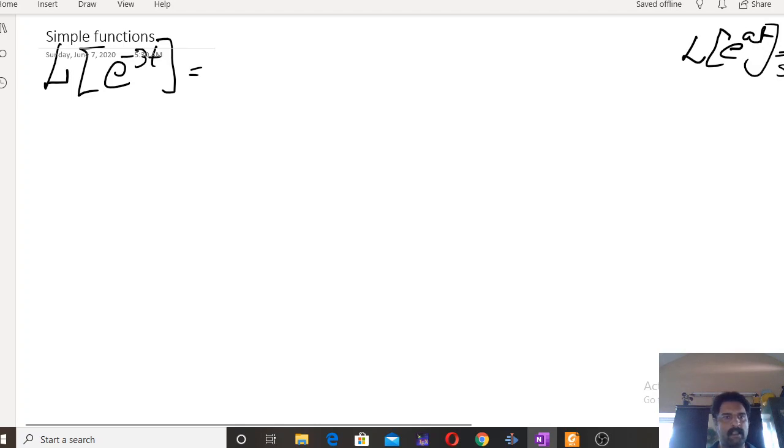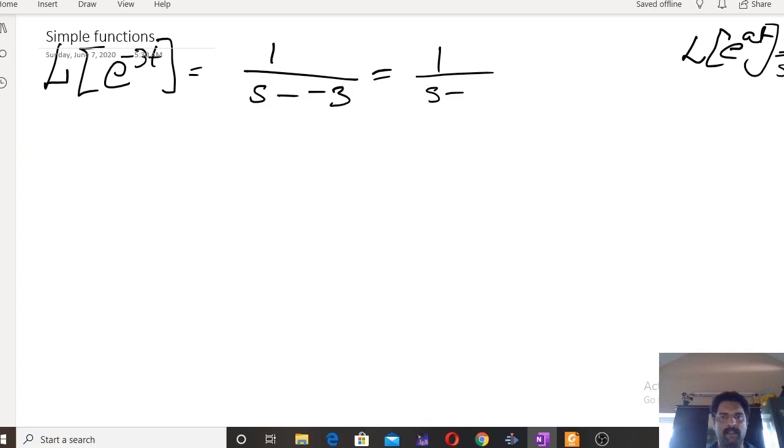And in this example, a is equal to minus 3. So it is 1 by s minus (minus 3), which is equal to 1 by s plus 3. So it's very simple.